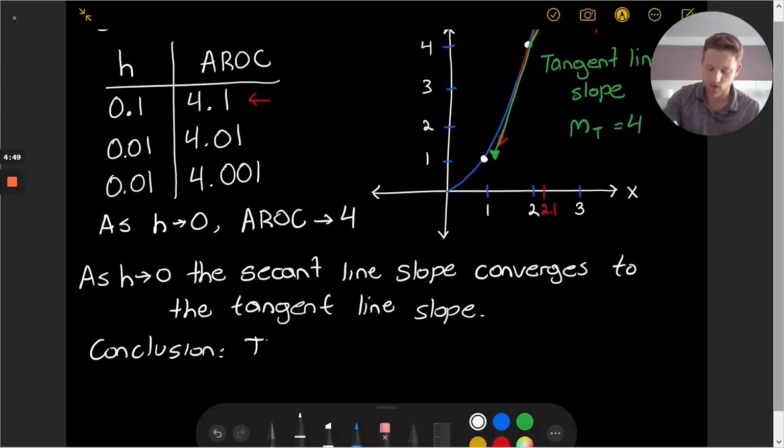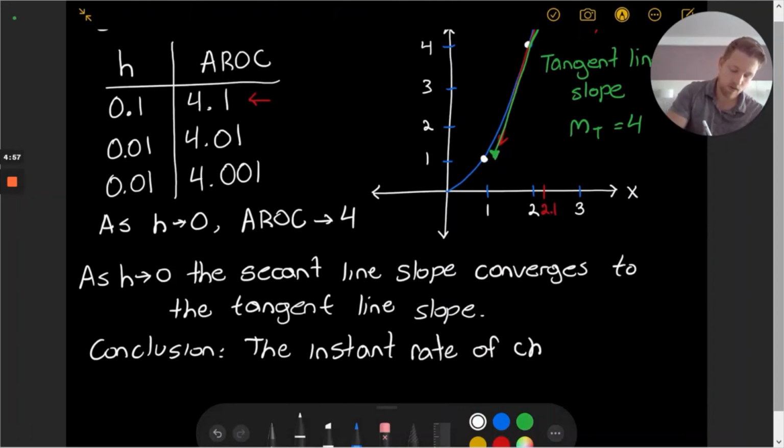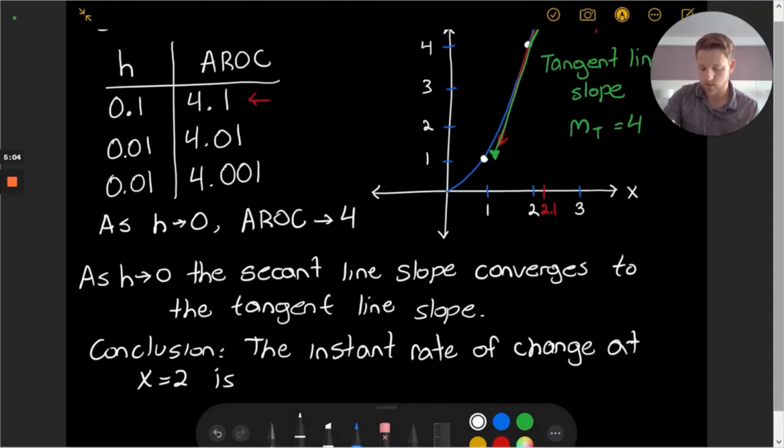The instant rate of change at x equals 2 is 4. Again, based on our calculation, we could feel pretty confident that that tangent line slope is going to be equal to 4, based on those secant line slopes as h goes to 0.